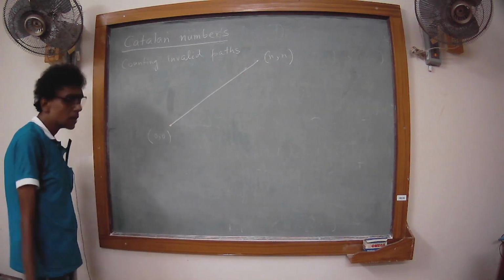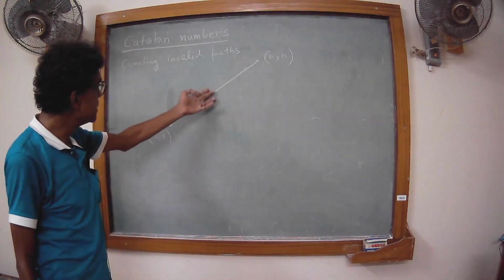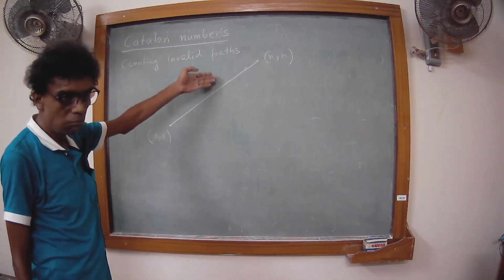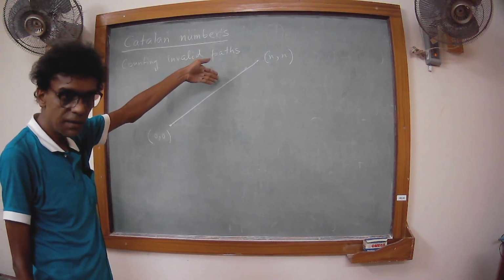Since this is an invalid path, at some point it will cross this line, right?